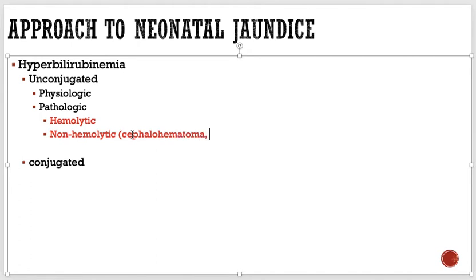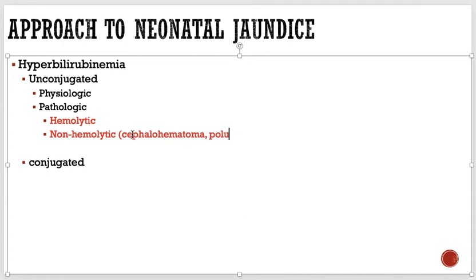This blood has to be absorbed in the body, and basically it is all a collection of blood. When this blood is broken down, there will be an increased bilirubin level, the unconjugated one. So this is one of the causes of unconjugated hyperbilirubinemia.